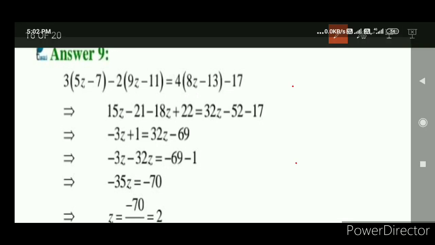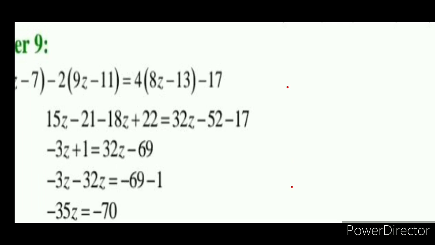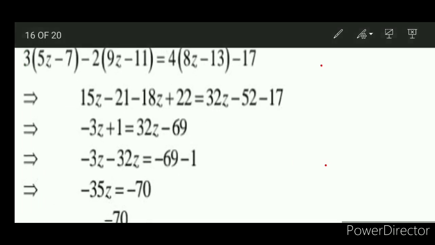Next step, they collected all the z terms on the same side and simplified them. See here, 15z minus 18z becomes minus 3z. Then the numbers. This side, one z term is written as it is. These two are numbers, negative integers added, minus 69.